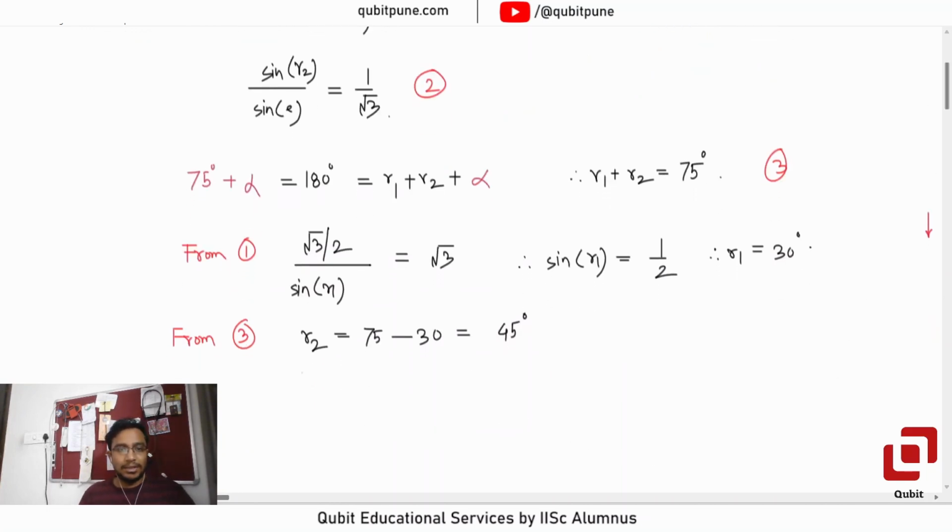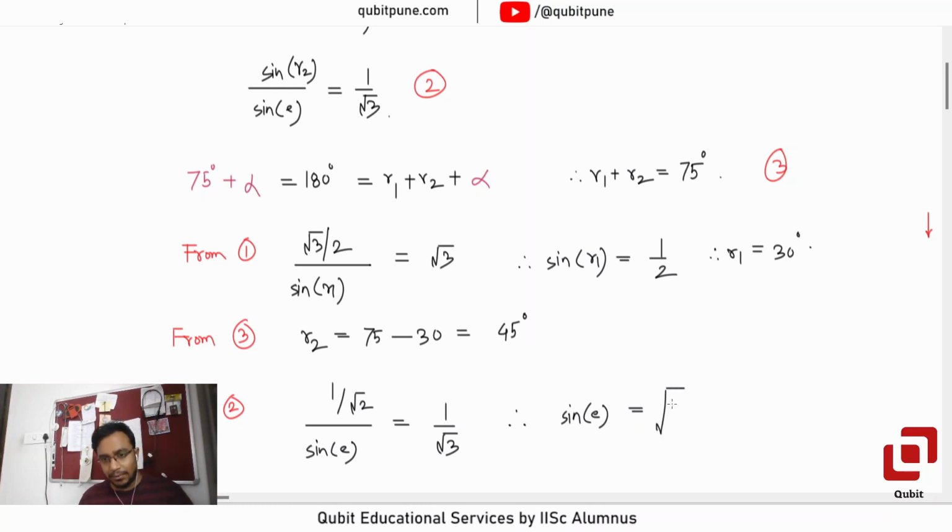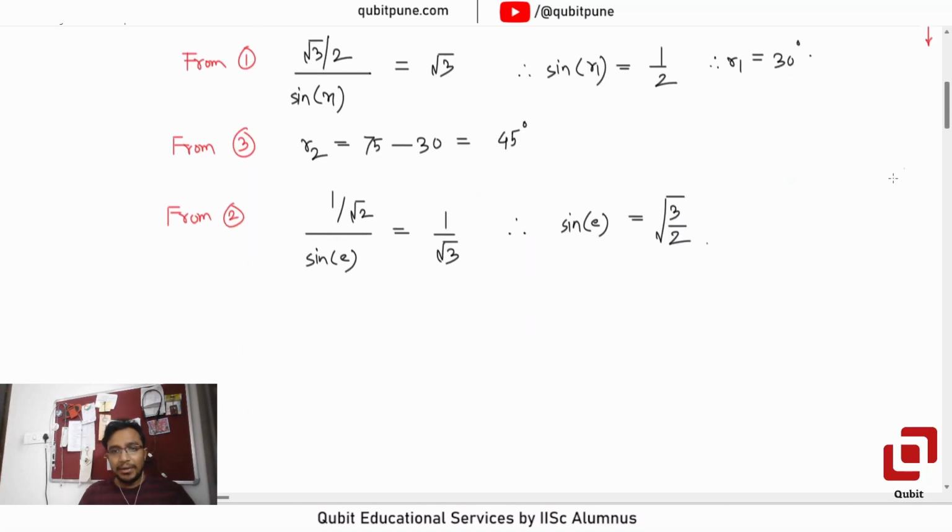Now go to the second relation. Sine of R2, 1 by root 2, upon sine of angle of emergence is equal to 1 upon root 3. So what is sine of the angle of emergence? Sine E is equal to root 3 by 2. Now because 3 by 2 is greater than 1, root 3 by 2 will also be greater than 1.